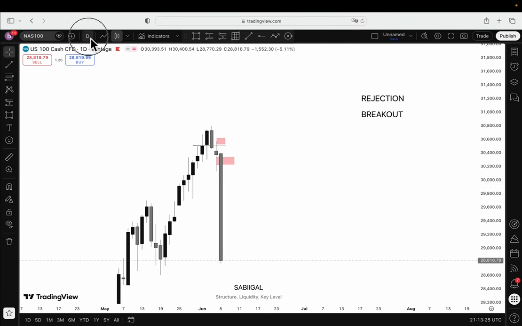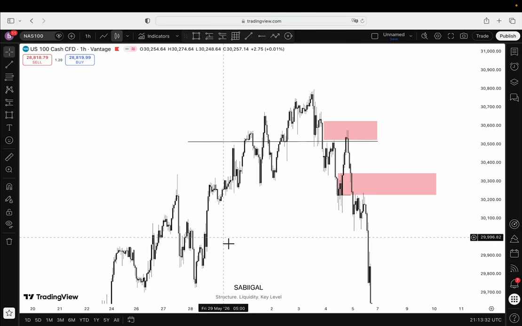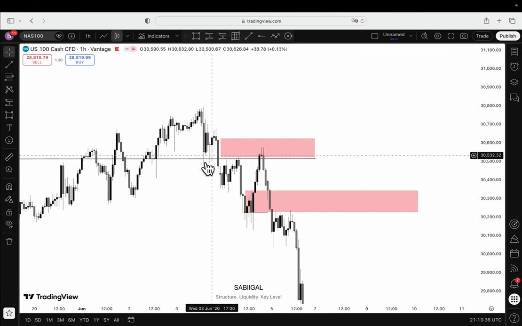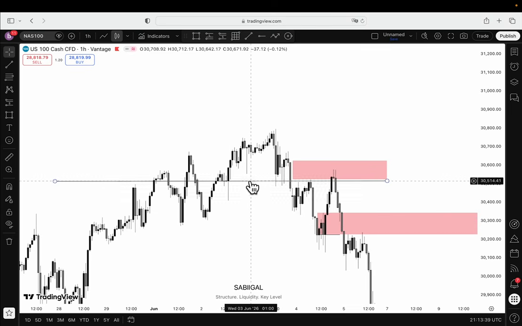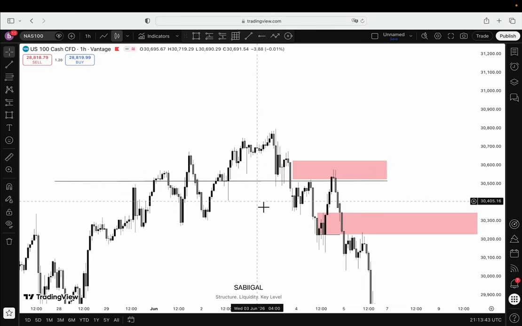Now let us go to the 1 hour first. I know that most of you would have been looking out for buying this pair at some point. I don't know if there was any area where there was a QM arrow or something.